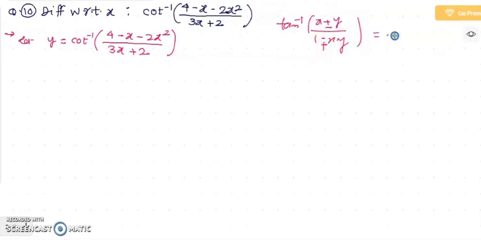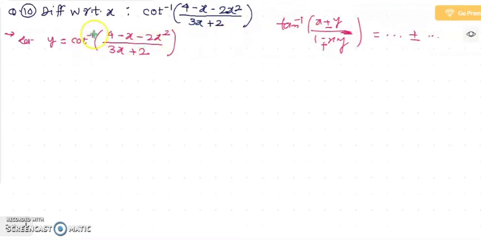This type of formula is equal to tan inverse x plus tan inverse y or minus tan inverse y, depending on the sign on the left side. So we have to use one of these two formulae.